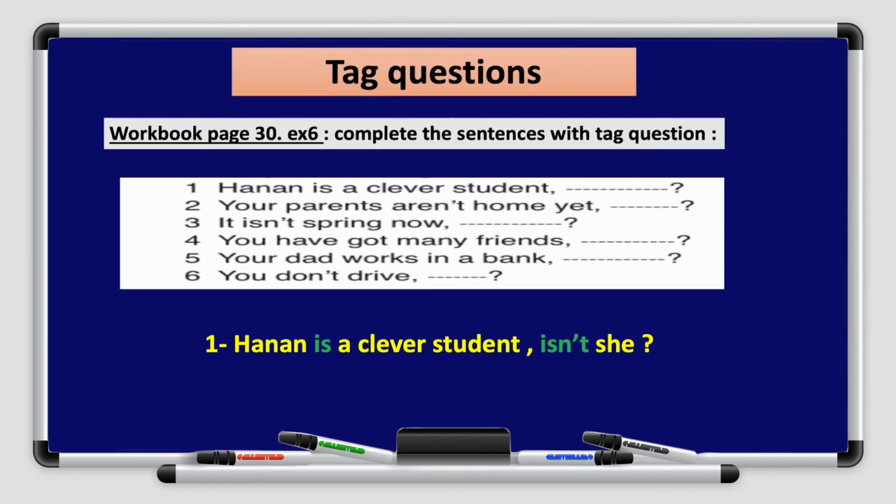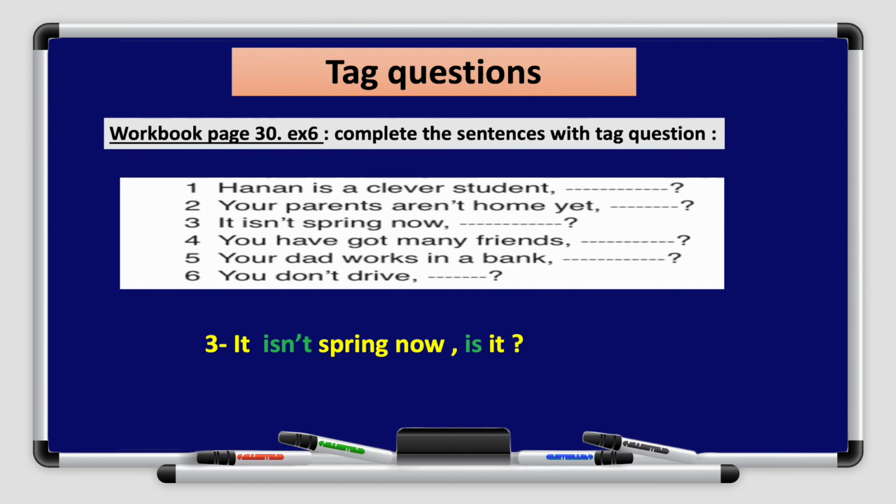Number 1. Hanan is a clever student. What do you think you will do here? Good job. You will take is and convert it into negative. Isn't she? Number 2. Your parents aren't home yet, are they? Number 3. It isn't spring now. Good job.